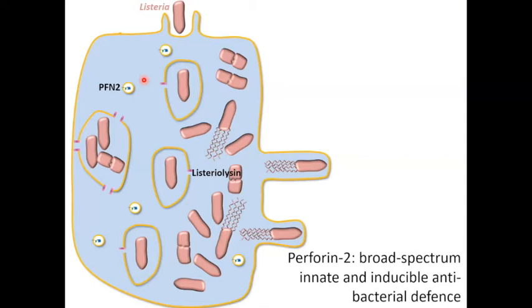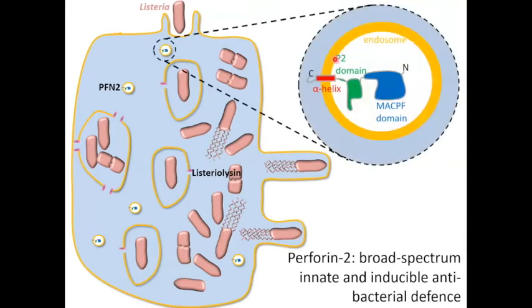And this perforin 2 is made in our cells as a membrane-inserted protein. So unlike many of the other proteins I've been talking to you about, which are made as soluble proteins which then refold, this has a soluble domain, but it's tethered to the membrane.